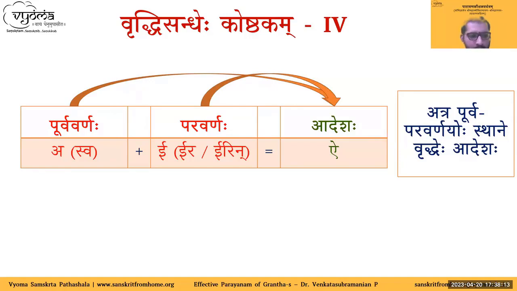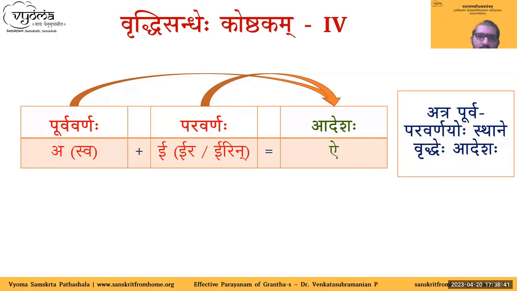So the Purva should be Sva, the Parapada should be Ira or Irin, the Purvavarna is Akara and the Paravarna is Ikara. Thus we get the Adesha Aikara. Again remember, this is an exception for Gunasandhi. Here Gunasandhi should have occurred, but this rule overrules the Gunasandhi and does the job of Vriddhisandhi.